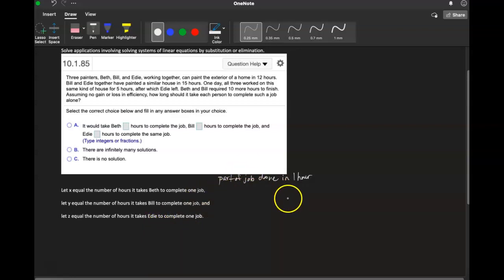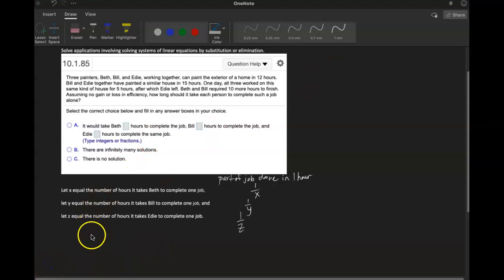Now we need to re-express these variables in terms of the part of the job done in 1 hour for each individual. So if it takes Beth x hours to complete one job, the part of the job that she can complete in 1 hour is 1 over x. And similarly for Bill, 1 over y, and for Eddie, 1 over z.